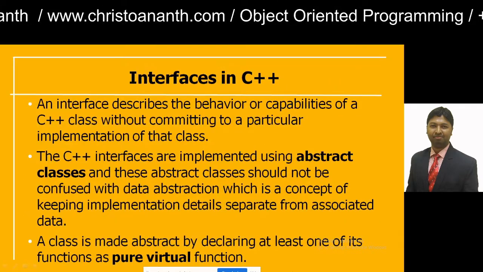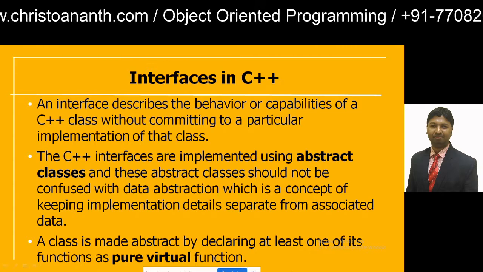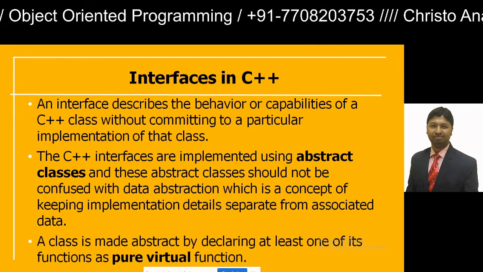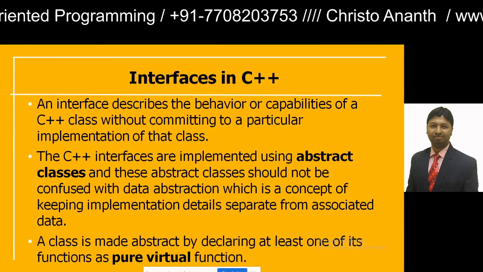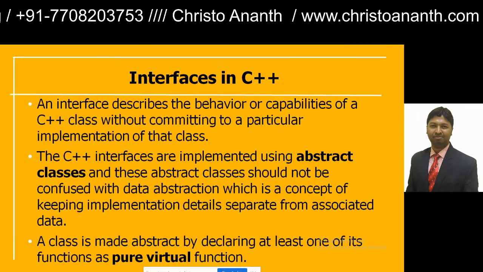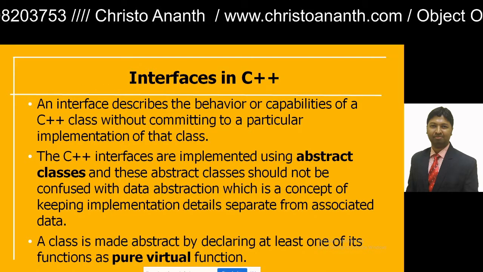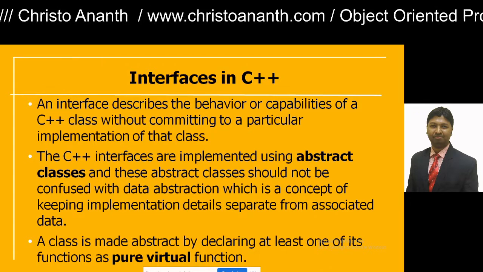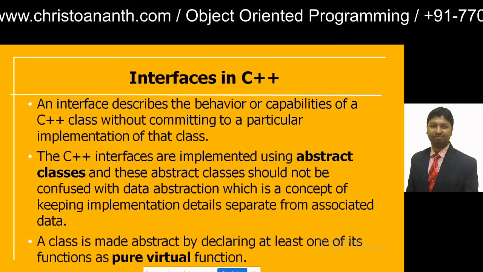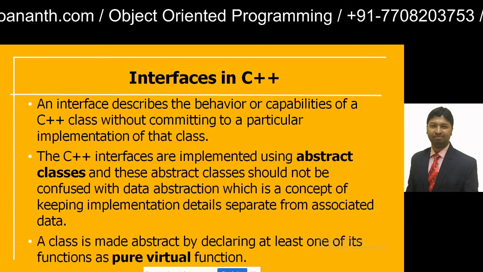So there are several interfaces in C++ as well. In the case of an interface, you are going to describe the behavior, or the ability or capability, of a C++ class without committing to an implementation of that class. In C++, you implement interfaces using abstract classes, and you shouldn't confuse these abstract classes with data abstraction.